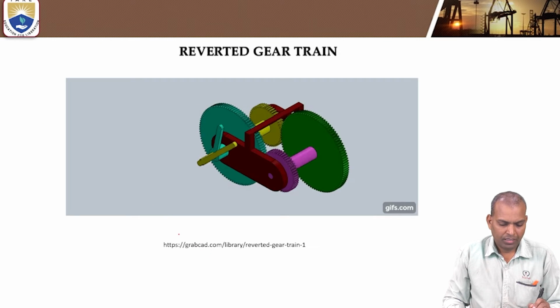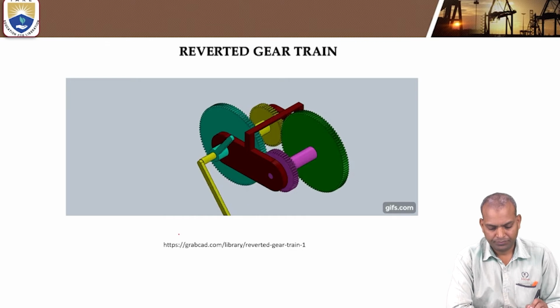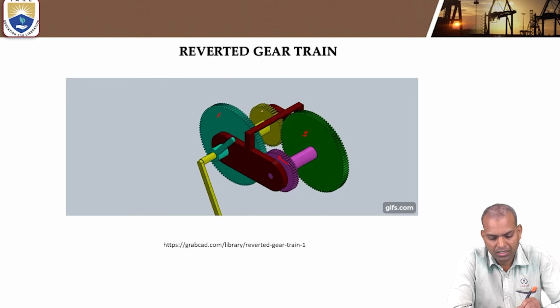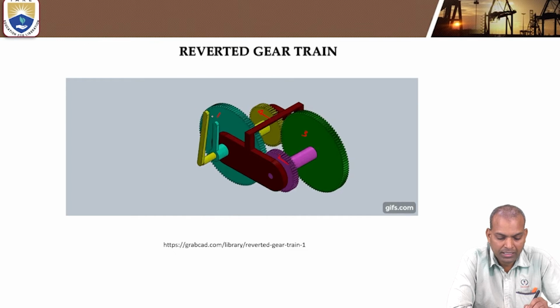Next, this is the reverted gear train. We can see in this figure in the reverted gear train, it is gear 1, gear 2, gear 3 and gear 4. Gear 1 is the input gear and gear 4 is the output gear, the final gear.